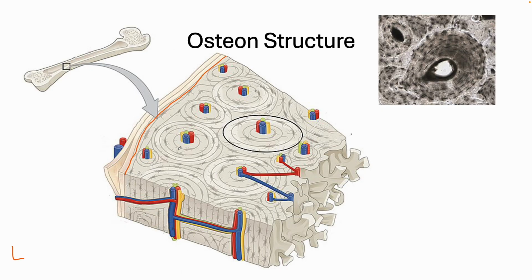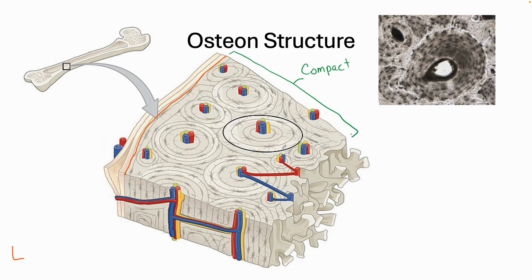Compact bone is going to consist of repeating tightly packed cylindrical structures that are known as osteons. So that's what's over here in this micrograph, and in this diagram over here, you can see an osteon.